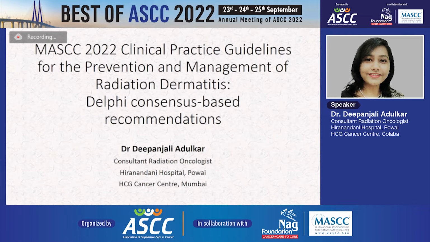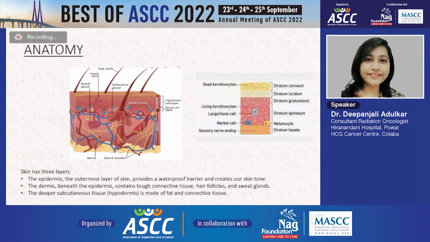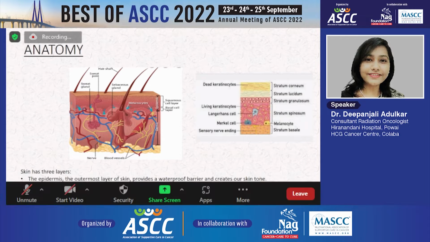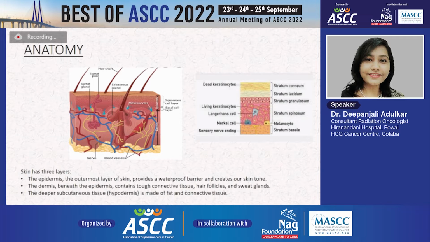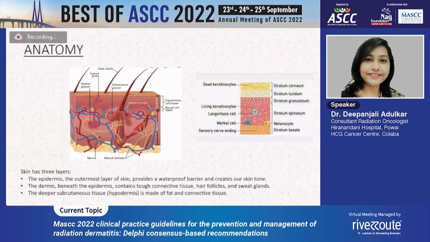So let us first quickly revise the anatomy of the skin. Skin is made up of three layers: hypodermis, dermis, and epidermis. Hypodermis is made up of fat and connective tissue. In the dermis we see the sweat glands, the sebaceous glands, connective tissue, fat, and blood vessels.